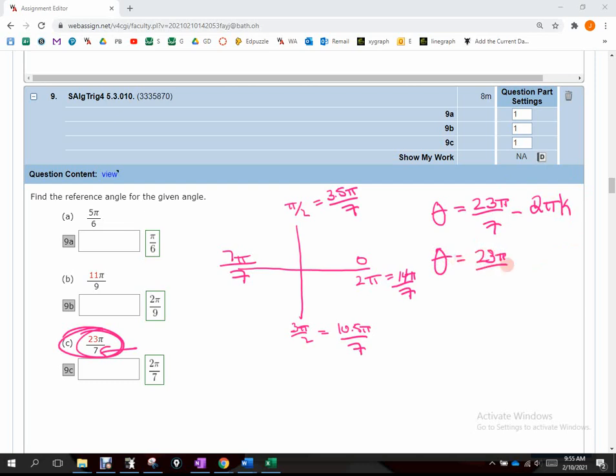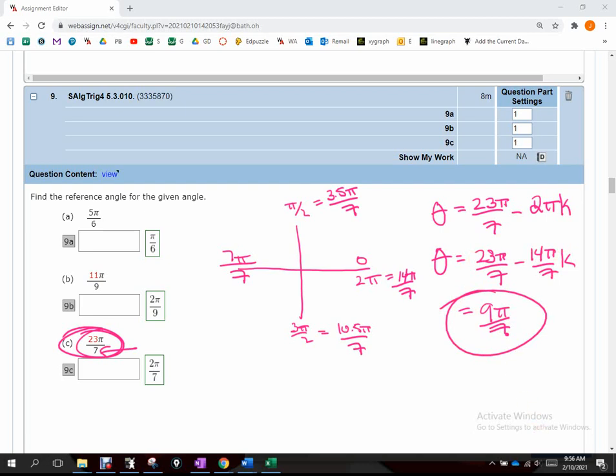But again, if I'm going to subtract 2 pi, I have to have a common denominator, so it's actually going to be 14 pi. Okay, and what I have to do here is I actually only have to subtract one multiple of 14 pi, right? Because what's 23 minus 14? 9, right? So I get 9 pi over 7.